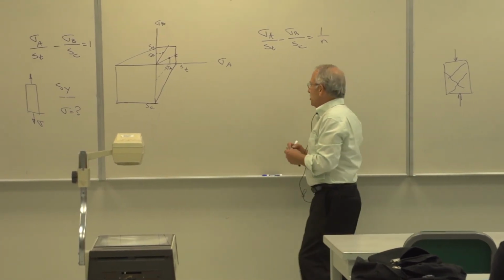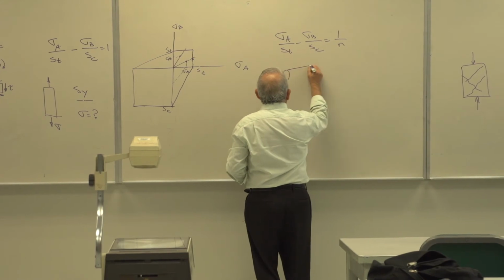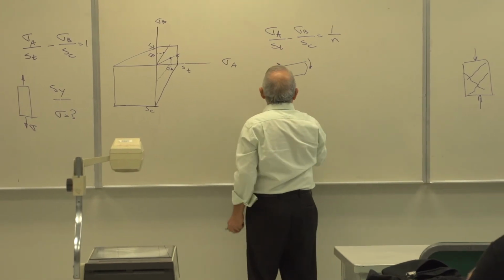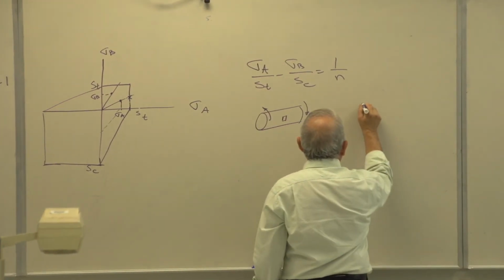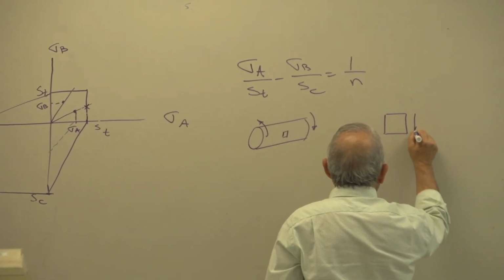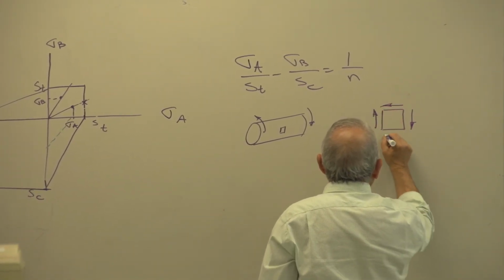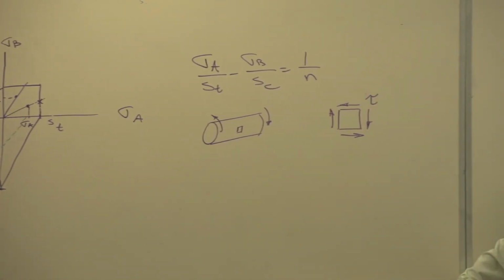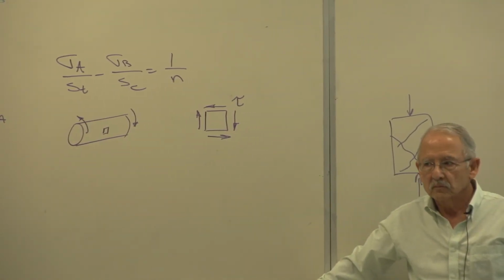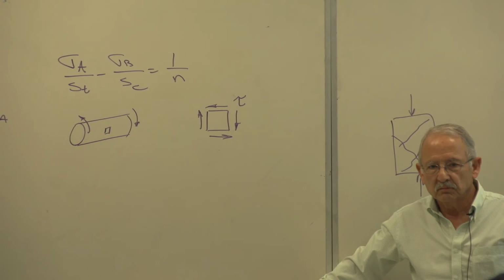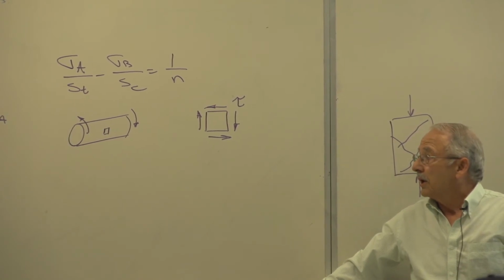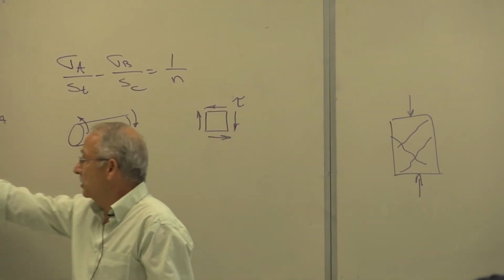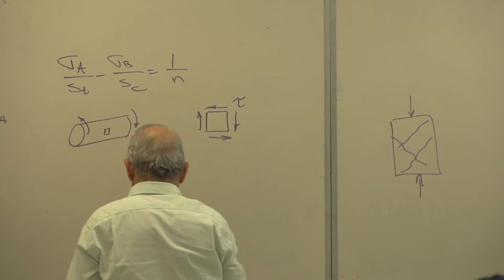If we have this situation, then a stress element here will be in pure shear, like that. Agreed? That's in pure torsion. If I want to find the principal stresses so that I can plot my point here, then I'll draw a Mohr circle for that.